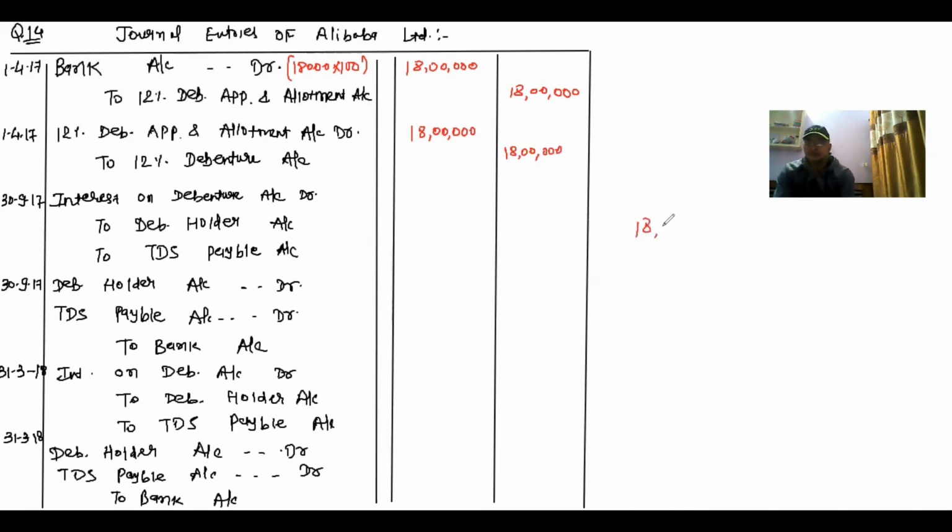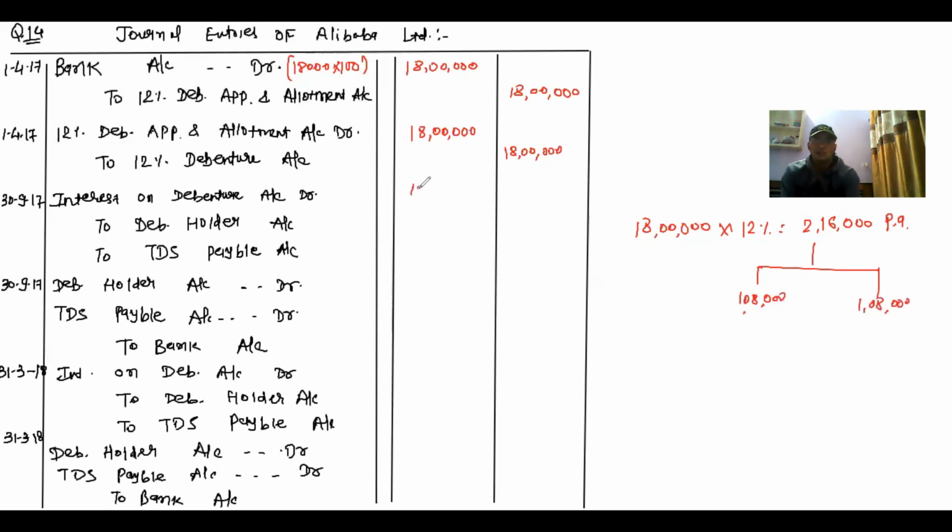On this 18 lakh, there is an interest rate of 12%. So 12% on 18 lakh comes to 2 lakh 16,000. This 2 lakh 16,000 is per annum. But in the question they provided that interest is to be paid on a half yearly basis, so it is divided equally into 1 lakh 8,000 and 1 lakh 8,000.